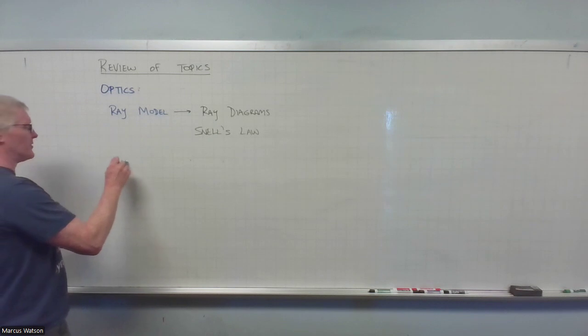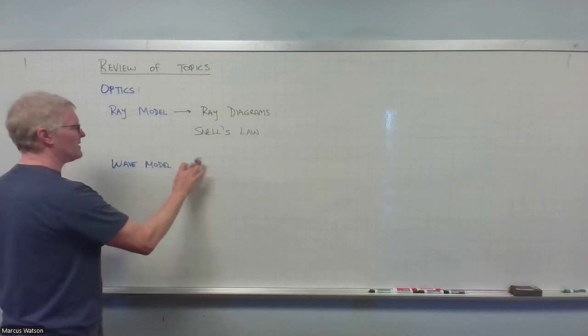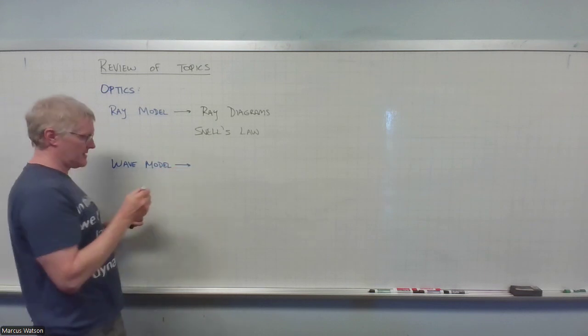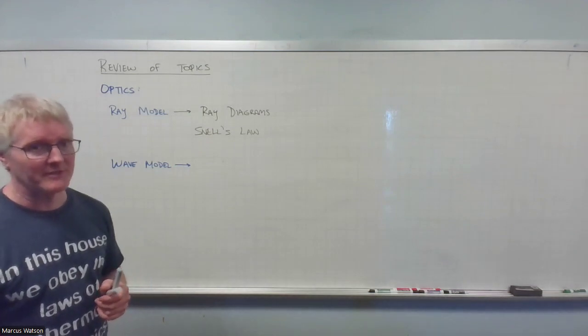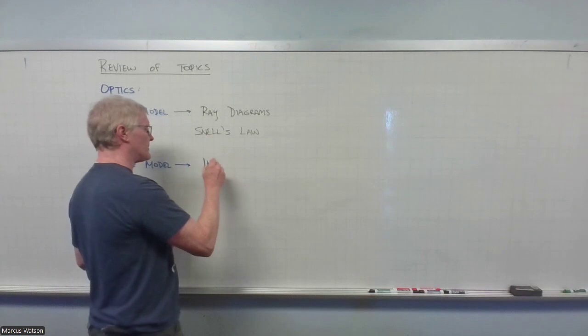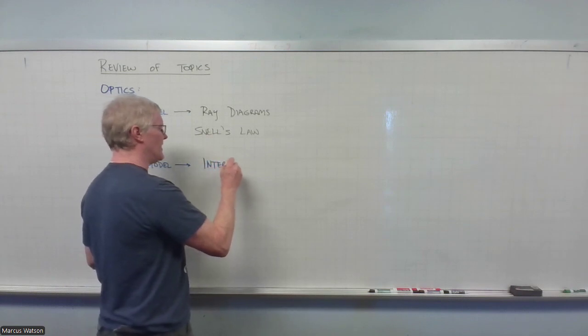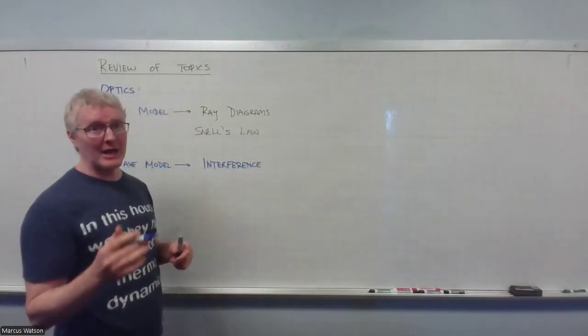Okay, so we talked about the rays. We talked about the waves. The wave model. We found out that, in fact, the ray model is not 100% sufficient. So we had to talk about interference, and we also had to talk about diffraction.